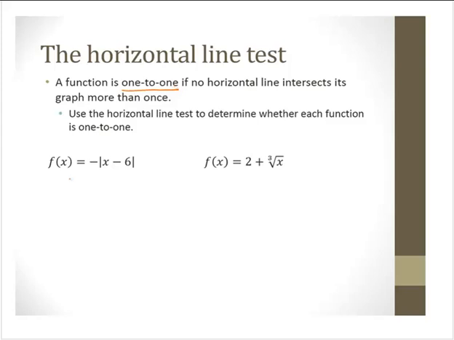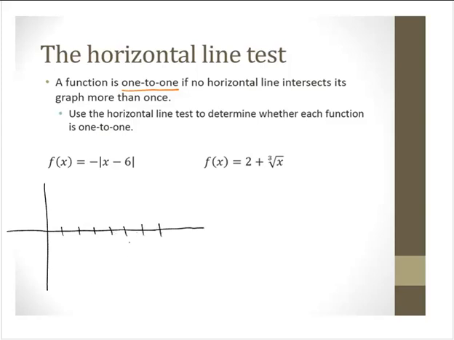All right, consider f of x is negative absolute value of x minus 6. Using the skills that we've learned in a previous chapter, negative absolute value of x minus 6 is a V shape shifted 6 to the right and opening down.